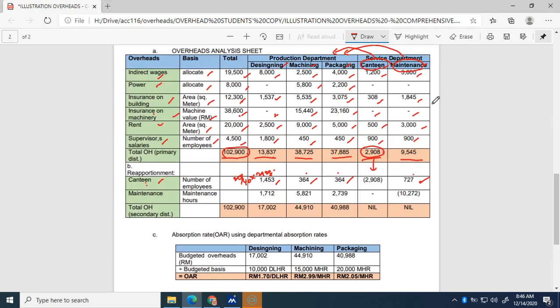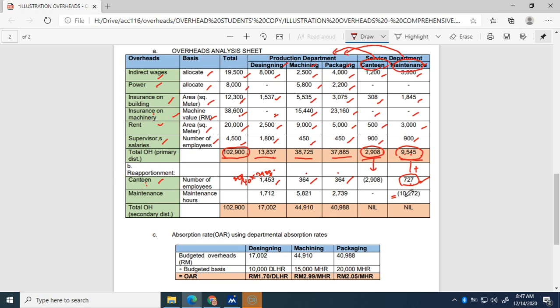Now we reapportion maintenance. So maintenance, the original overhead from primary distribution is 9,545 plus receipt from canteen 727. So the total overhead in maintenance now is 10,272.